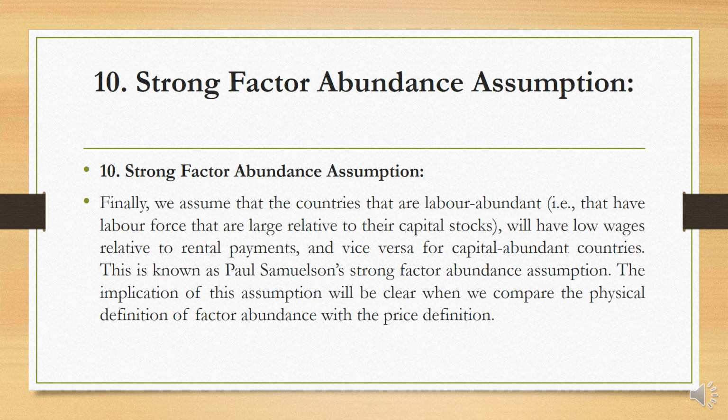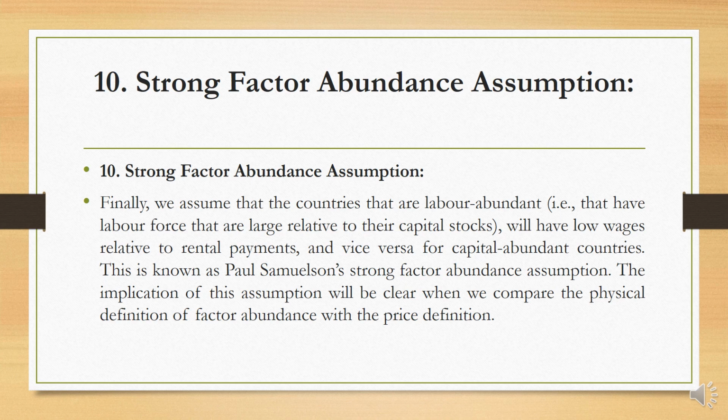Number 10, strong factor abundance assumptions. Finally, we assume that the countries that are labor abundant, that is, that have a labor force that is large relative to their capital stocks. Remember, labor abundance means there are two factors of production, labor and capital.